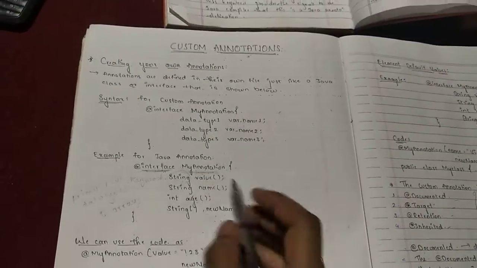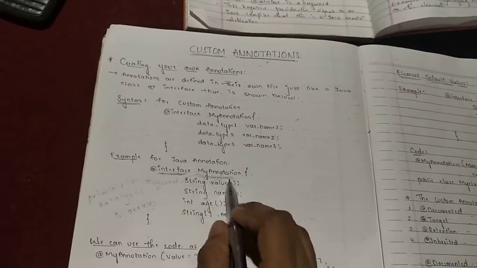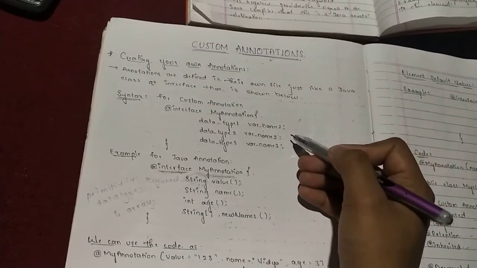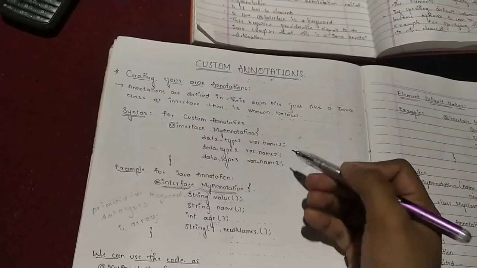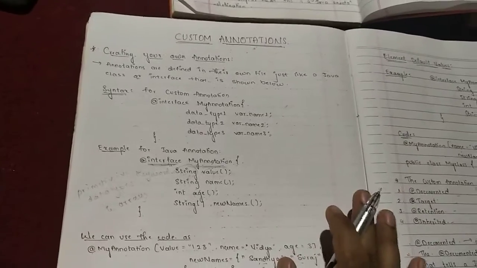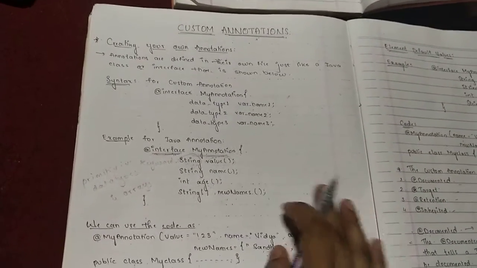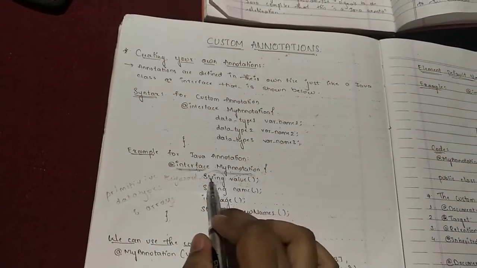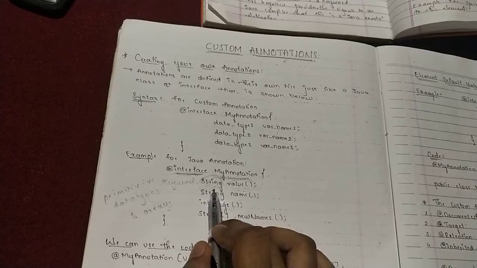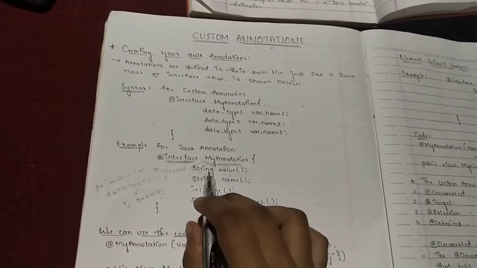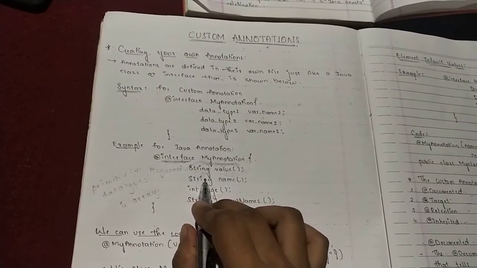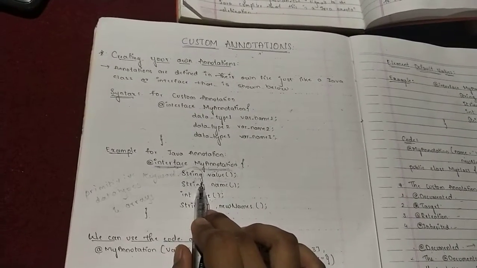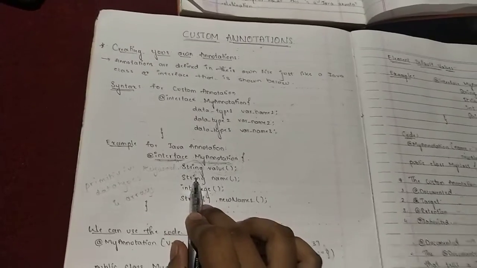In this example, the elements are defined with similar syntax to the one defined in the interface syntax. Each has both a data type and a name. In place of simple data types we can use primitive data types, and arrays can also be used as data types. But complex objects can't be used in place of data types.